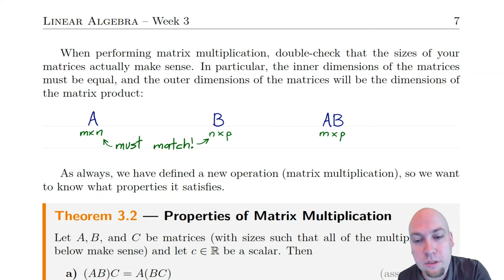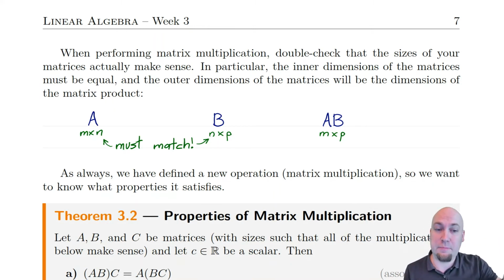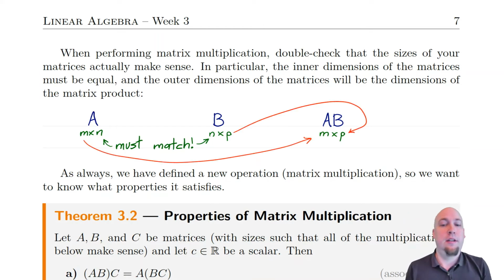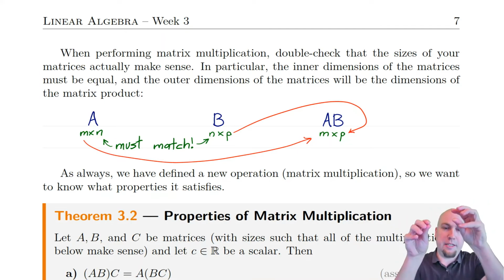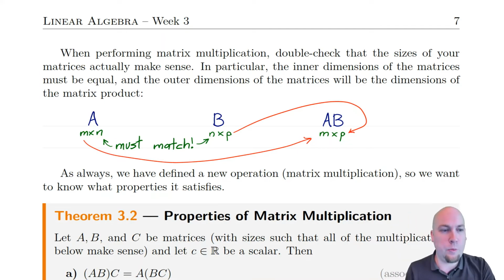So if your first matrix A has m rows, and B has p columns, then the product A times B is going to have m rows and p columns as well. So these m and p, the outer dimensions, give us the dimensions of the product. And the inner dimensions, they've just got to match, but then they get squeezed away. They don't appear in the product anywhere.